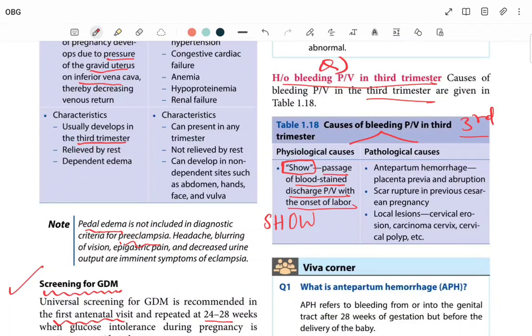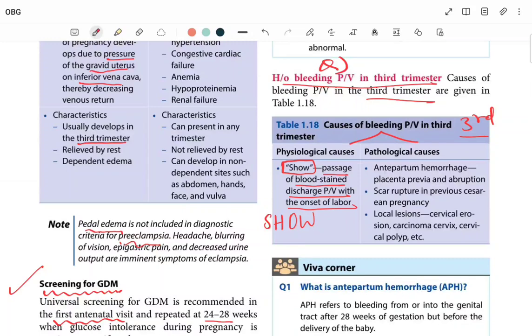So it is a physiological cause of bleeding PV in the third trimester of pregnancy.